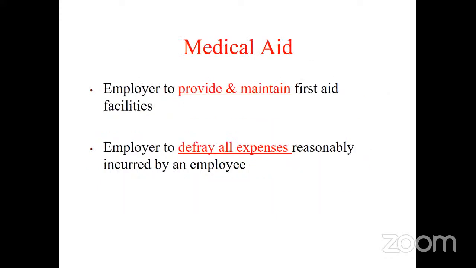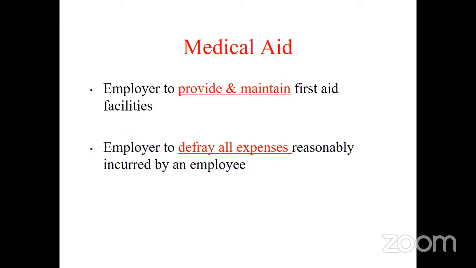And then medical aid: the employer is to provide and maintain first aid facilities. Here it is mandatory for an employer to provide first aid facilities. People are supposed to be trained on first aid, and the contact of the first aider should be there. And then the employer is to defray all expenses reasonably incurred by an employee. What does it mean?